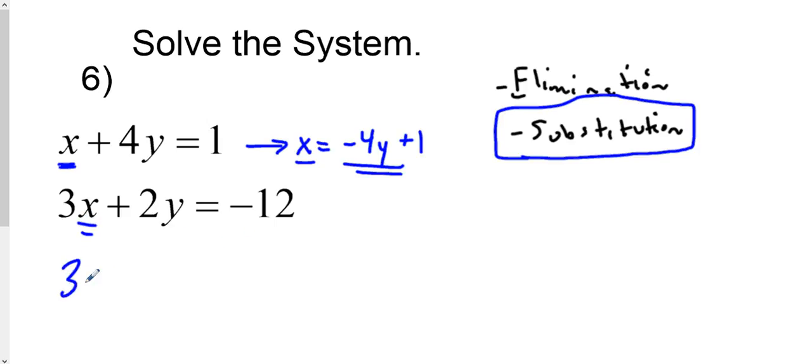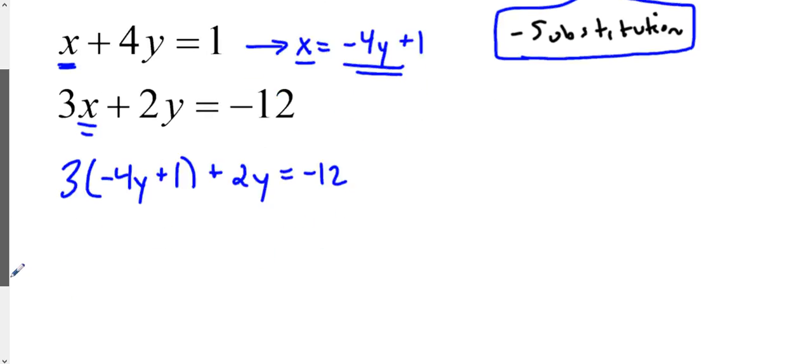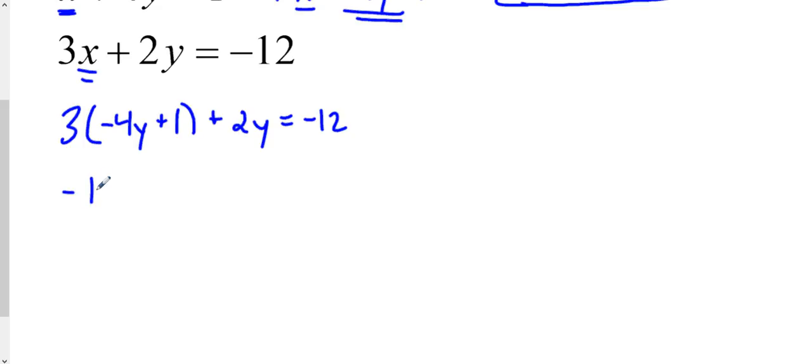So what we have then is 3 times negative 4y plus 1, plus 2y, equals negative 12. From here, we're going to have negative 12y plus 3 plus 2y equals negative 12. Now we're going to simplify this.